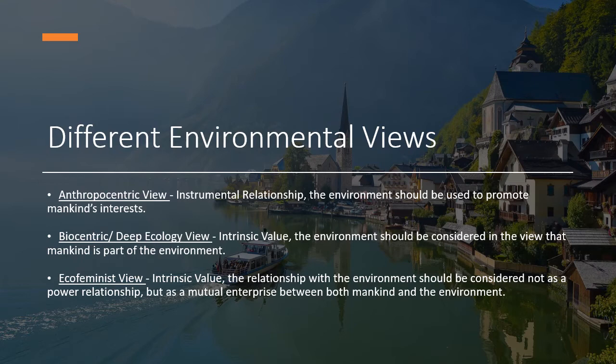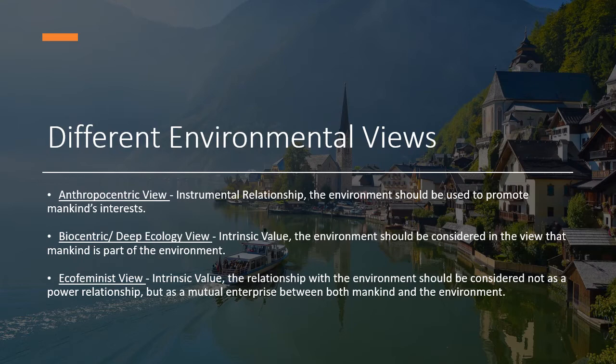The anthropocentric point of view thinks that our relationship to the environment is mostly instrumentally or extrinsically valuable, and that we should really use the environment to promote our own interests. The biocentric view, which is sometimes referred to as the deep ecology view, says that life is at the center of environmental policy.